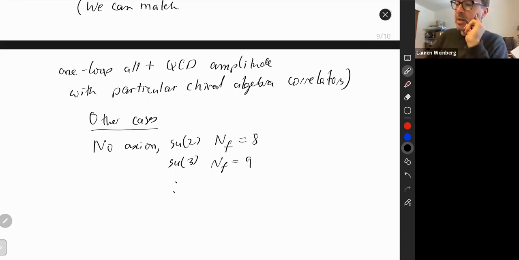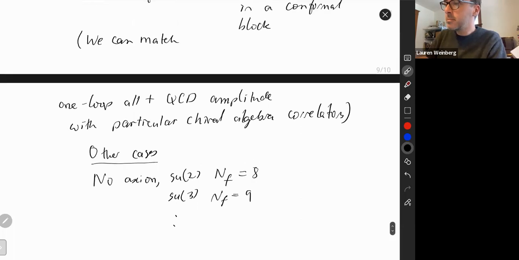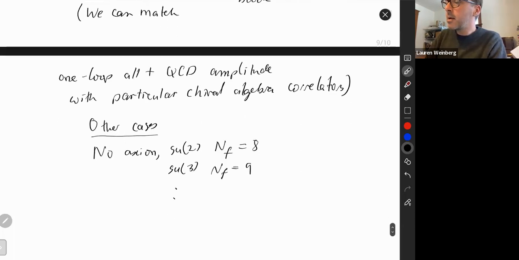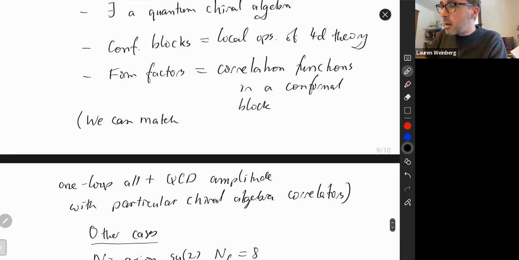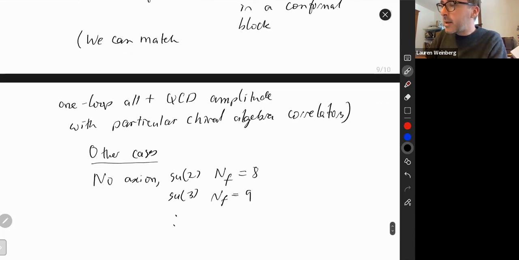But for SU(3), it's really SU(9) symmetry.